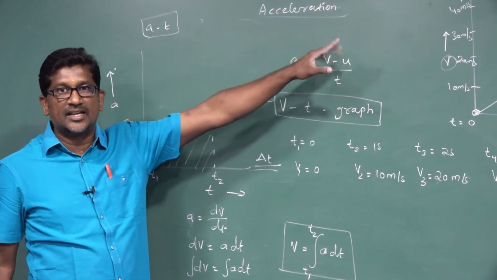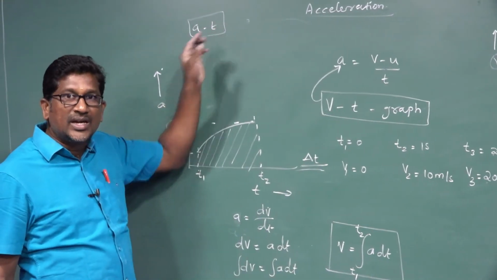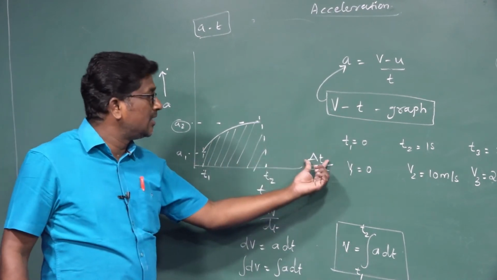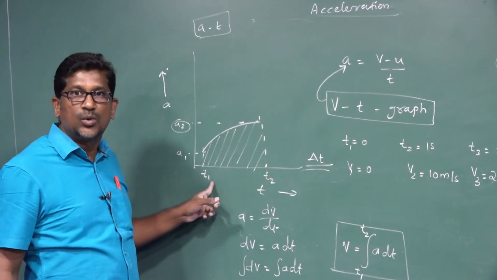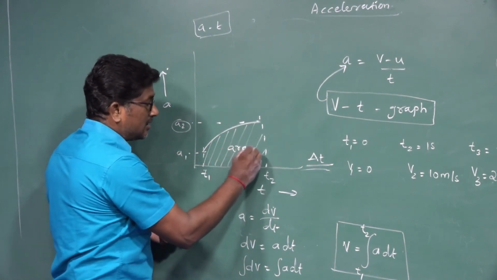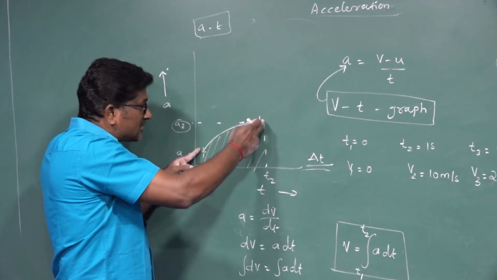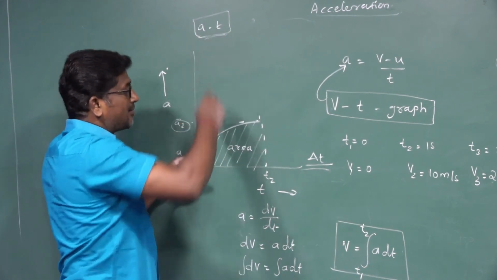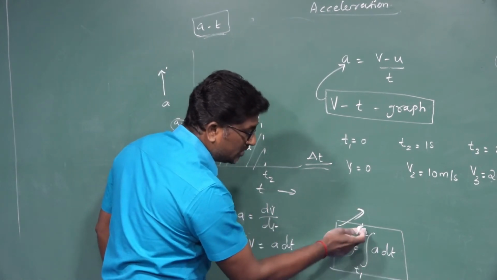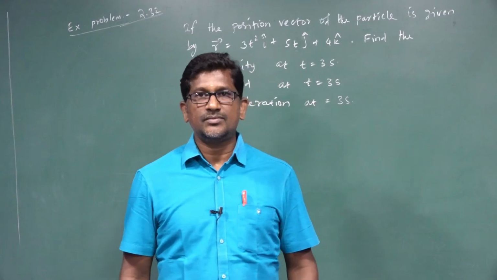And from the acceleration time graph, we can find the velocity of the particle over del t, where del t is equal to t2 minus t1, by measuring the area under this curve.